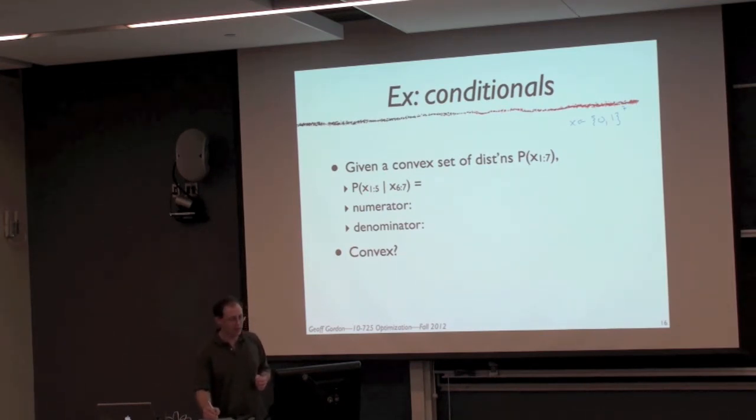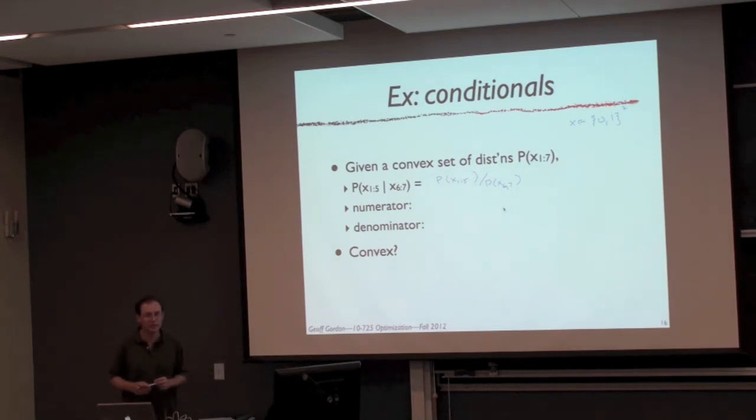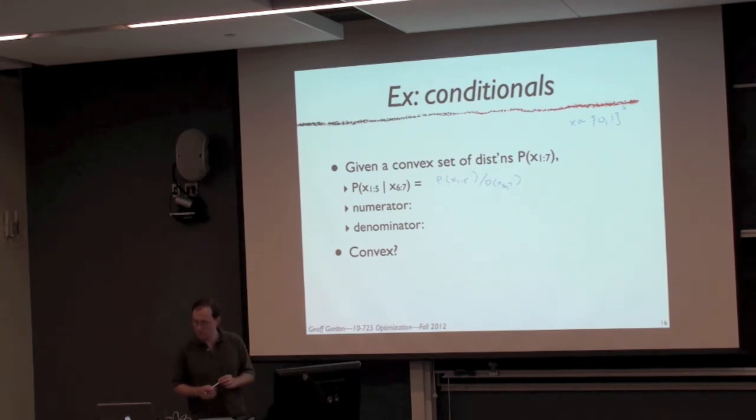And then I can ask for the conditional probability of x1 through 5 given x6 and x7. By Bayes' rule, this is just the probability of x1 to 5 divided by the probability of x6, 7.